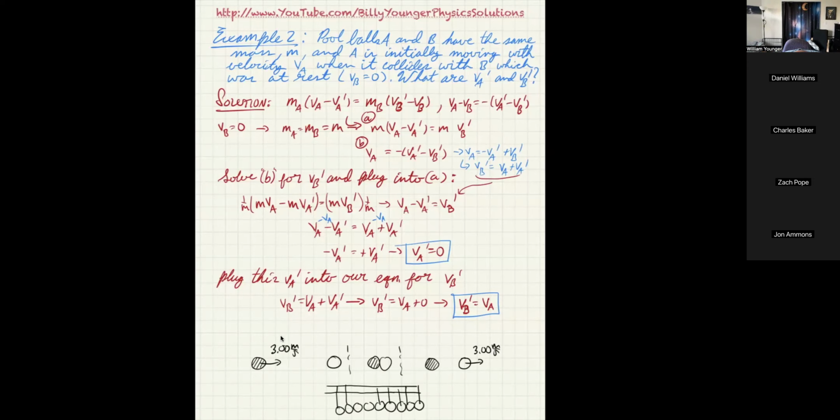I did 9 balls instead of 5 or 7. Okay. If I lift this guy up to this height and then allow it to fall down, then this guy is going to pop up to this height when it hits.